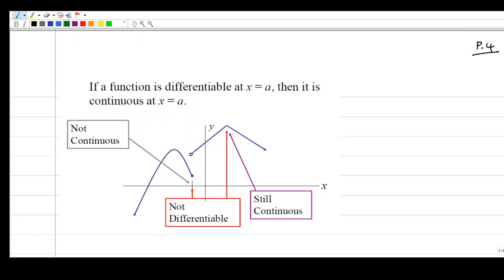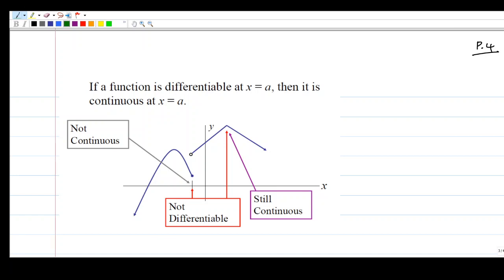If a function is differentiable at x is equal to a, then it is continuous at x is equal to a. Right? You can look at what I wrote down in the previous page to understand that.